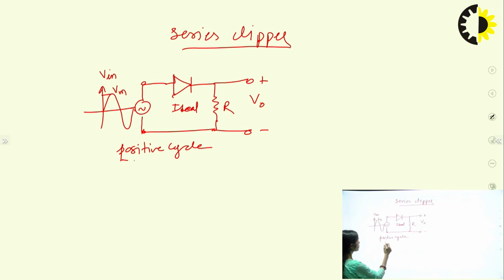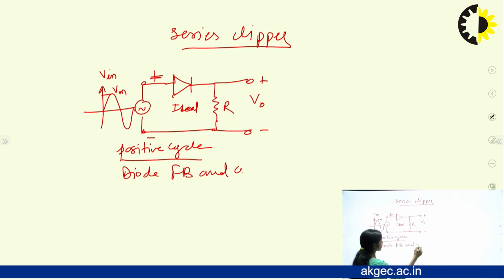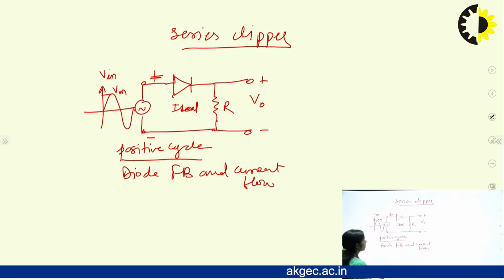For the positive cycle, the first end becomes positive and the lower end becomes negative. For this connection, the diode will become forward bias and current starts flowing. Since I am taking the diode as ideal, it behaves like a short path.